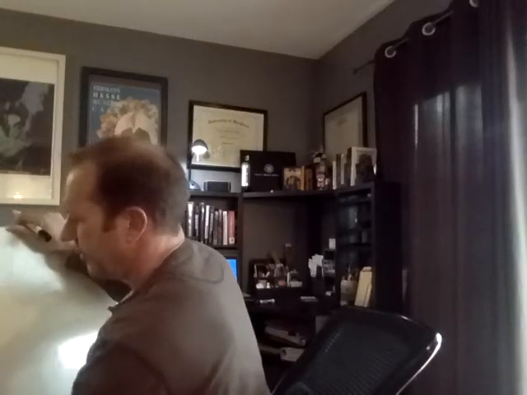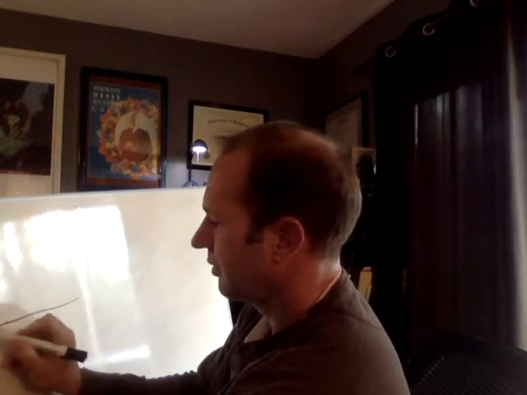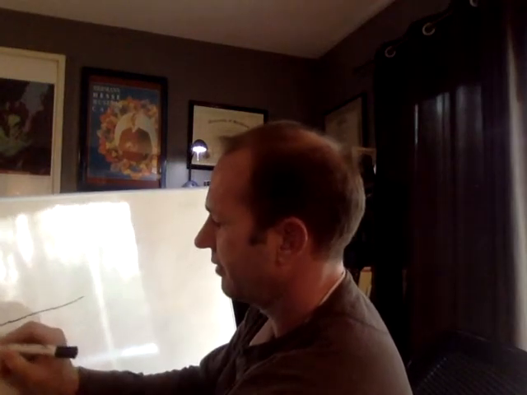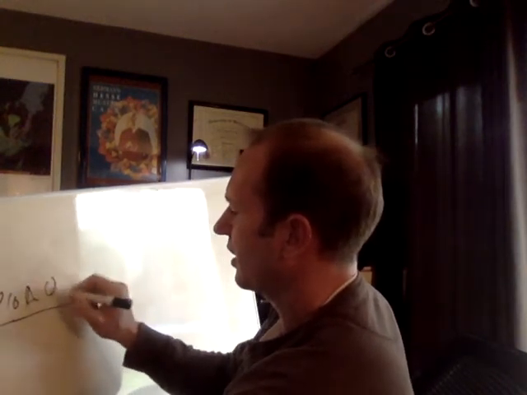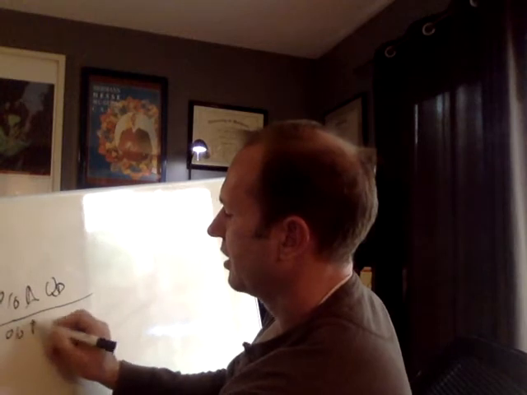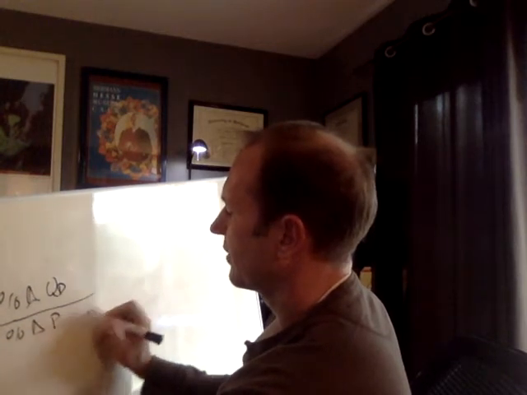That's not mathematically correct to do what I'm doing. Let me not do that. Let me just say, here's the general formula. Price elasticity of demand is equal to percent change in quantity demanded over the percent change in price.